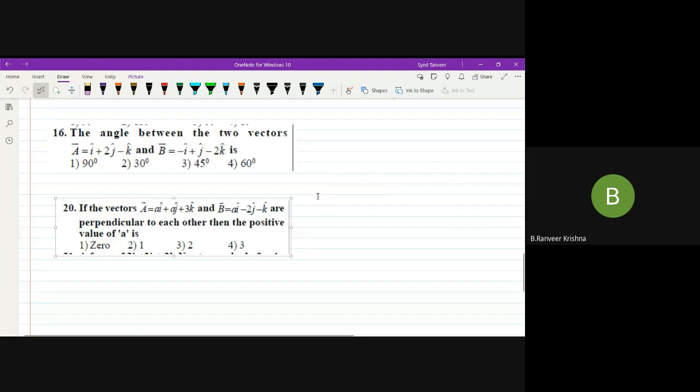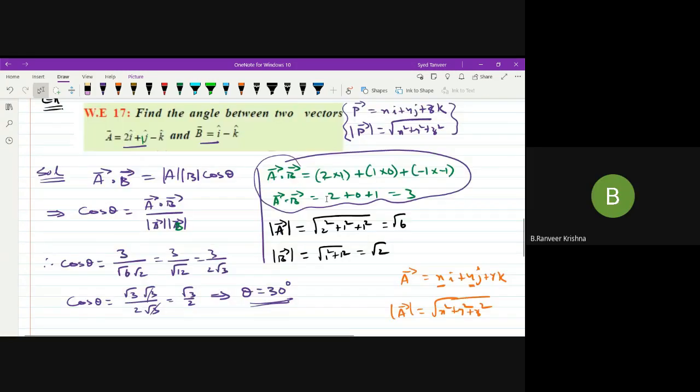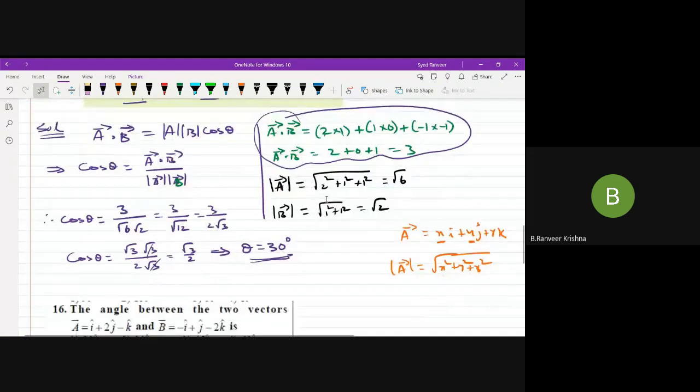Sir, can you scroll up? Sir, we have done dot product now. If we do cross product also, we'll get the same answer only.